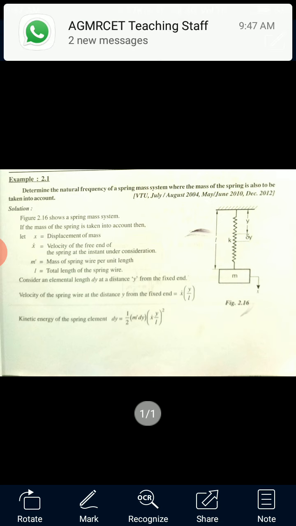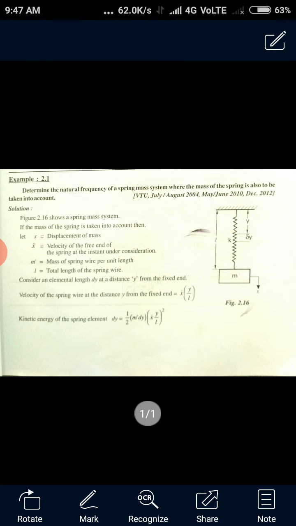spring mass system. So coming to the next session, in today's class we will derive the equation of motion as well as the natural frequency of the spring mass system, but here we are considering the mass of the spring for the derivation.